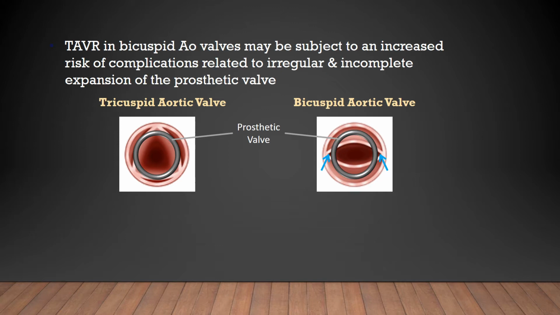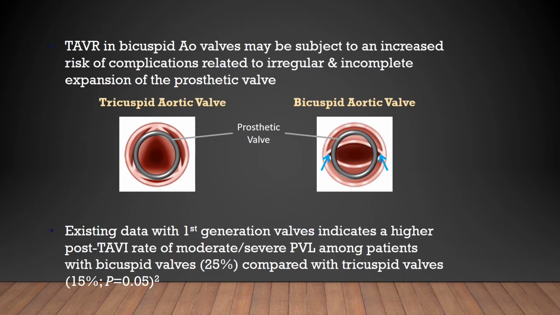If you look at the rendition on the left side, where you have a tricuspid aortic valve and a circular aortic prosthesis, it sits a lot more nicely, versus a bicuspid aortic valve, where there are two leaflets, and expansion of these leaflets, which are going to be very calcified, is not going to happen in a symmetrical fashion, thereby leading to all the issues that we were just alluding to, including paravalvular leaks, increased mean gradients and such.